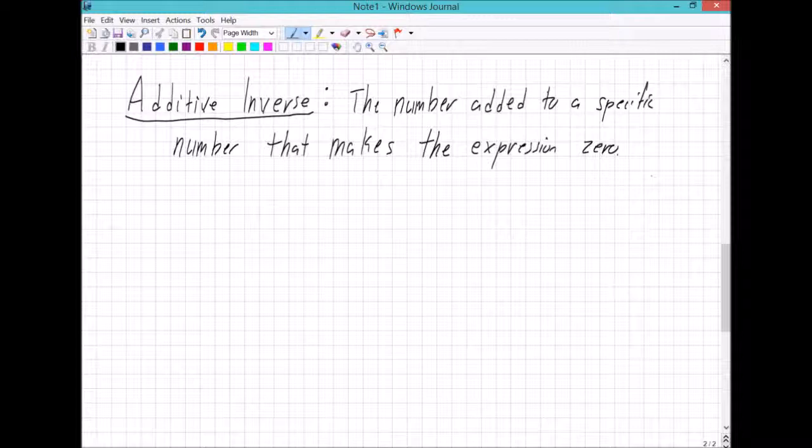Now that's Mathanese. It's difficult to see how that is related. So let's go with the more down-to-earth version.